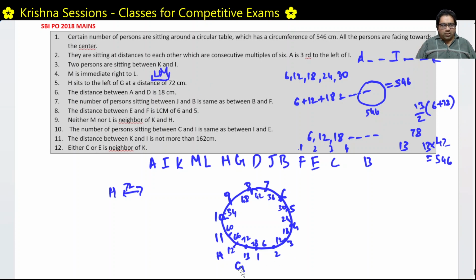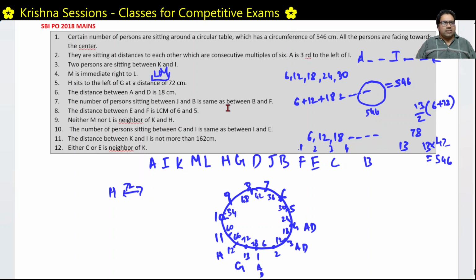A and D, 1 and 3 can be 18, or 3 and 4 can also be 18. In 1 and 3 cases, 6 plus 12 is the distance, that is 18. In 3 and 4 also 18 is the distance. So we have two options. We don't know what is what.